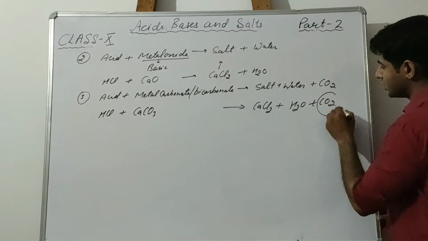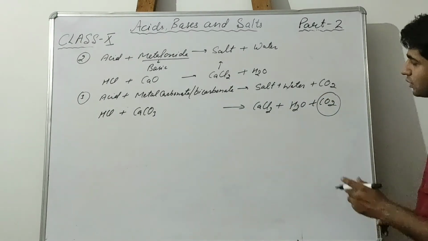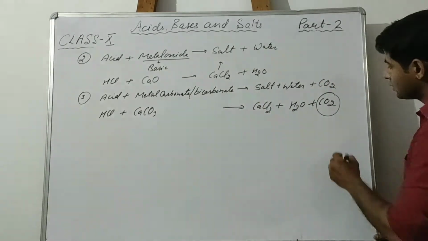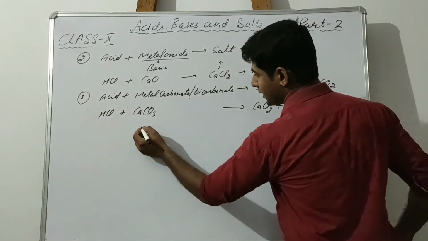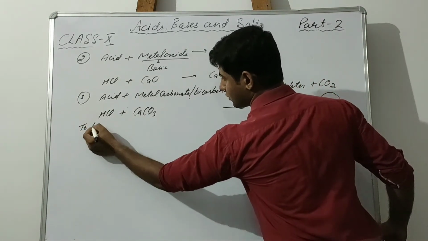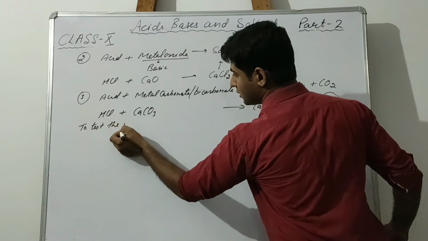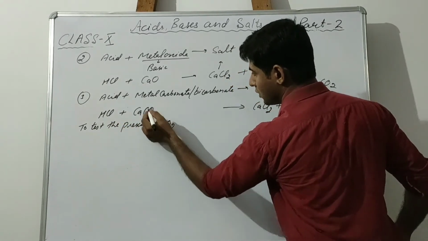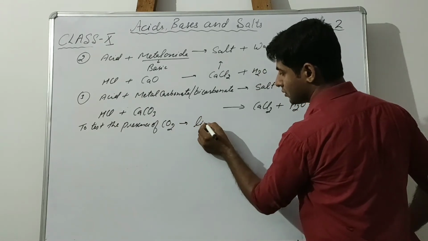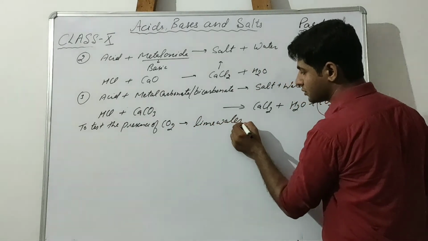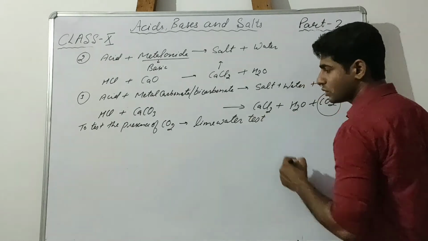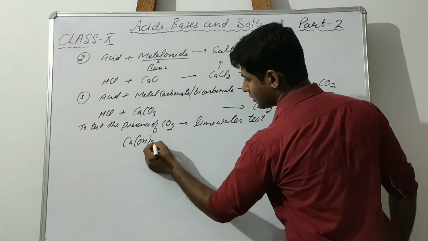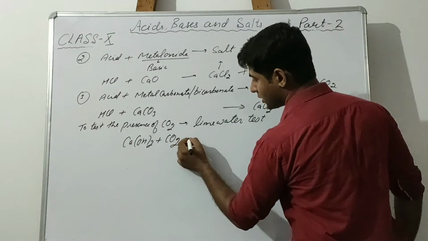तो यहाँ से भी क्वेश्चन आता है कि how we find out whether carbon dioxide gas is evolved during this reaction or not. To test the presence of CO2 during this reaction, we have the lime water test. So what is the lime water test? In the lime water test, carbon dioxide is passed through lime water.